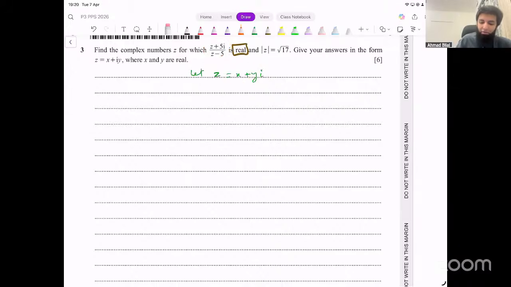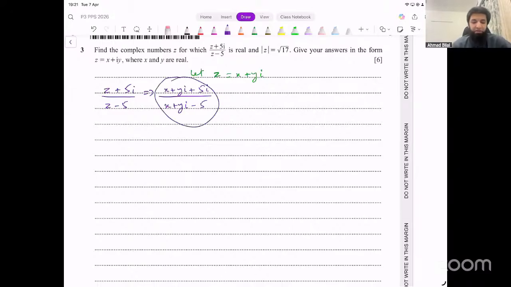Because now if we look at this fraction, we can simplify this as z plus 5 iota divided by z minus 5. We can replace z with x plus y iota, so it becomes x plus y iota plus 5 iota divided by x plus y iota minus 5. Okay, this is what we end up getting. Now, how do we simplify this fraction?